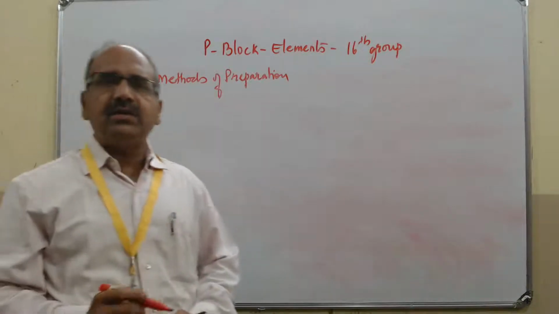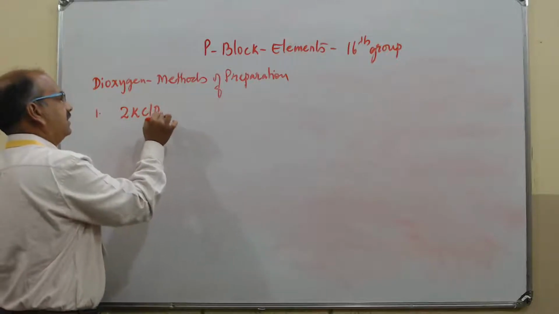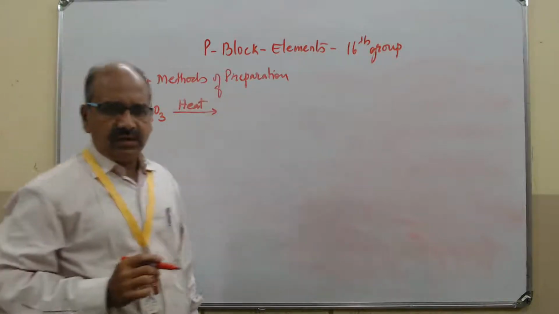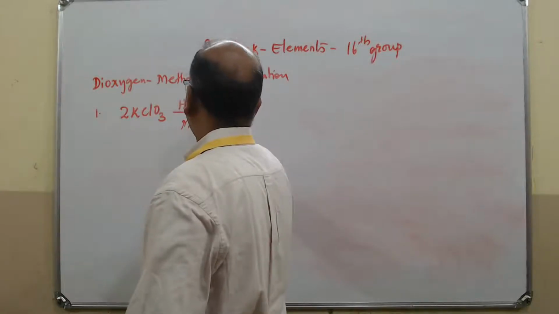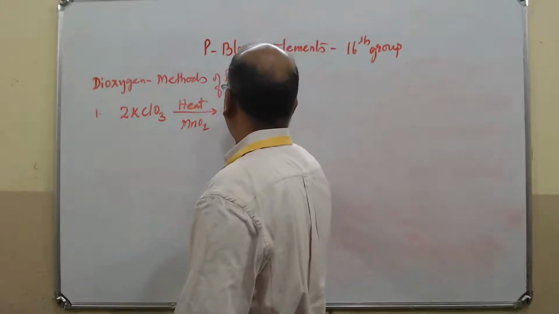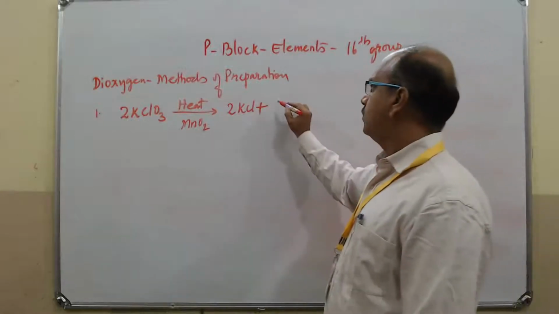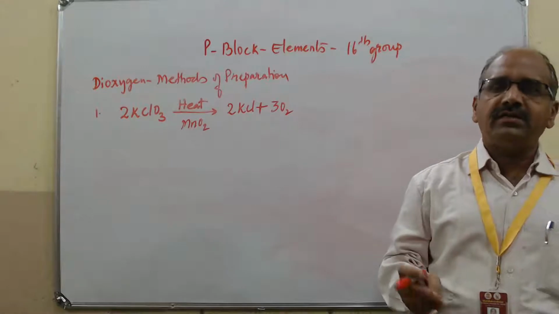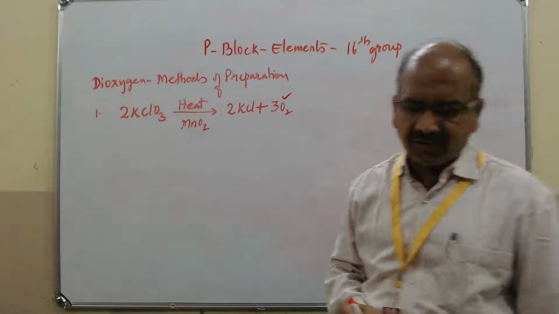If you take potassium chlorate, 2 KClO3, on heating in the presence of MnO2, what will you get? You are going to get potassium chloride, 2 KCl, plus 3O2. Chlorates, nitrates, and permanganates also will give oxygen. So this is one method of preparation of oxygen.